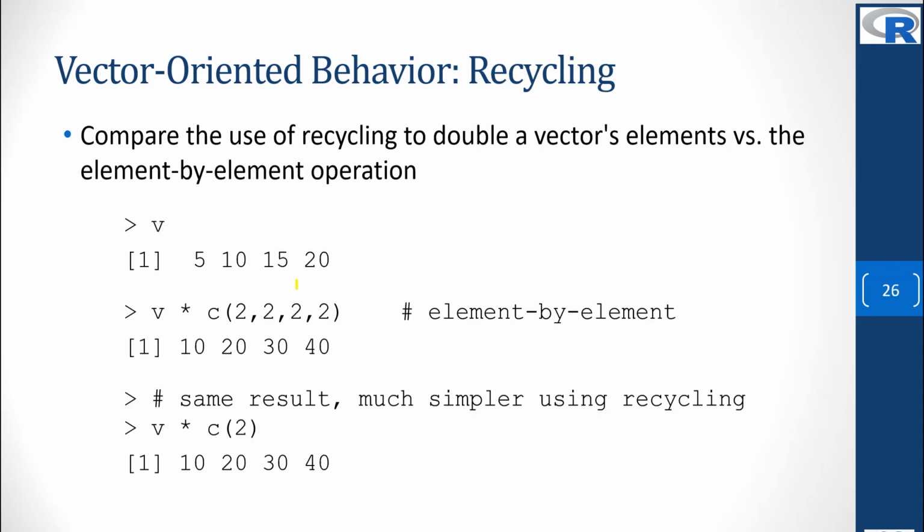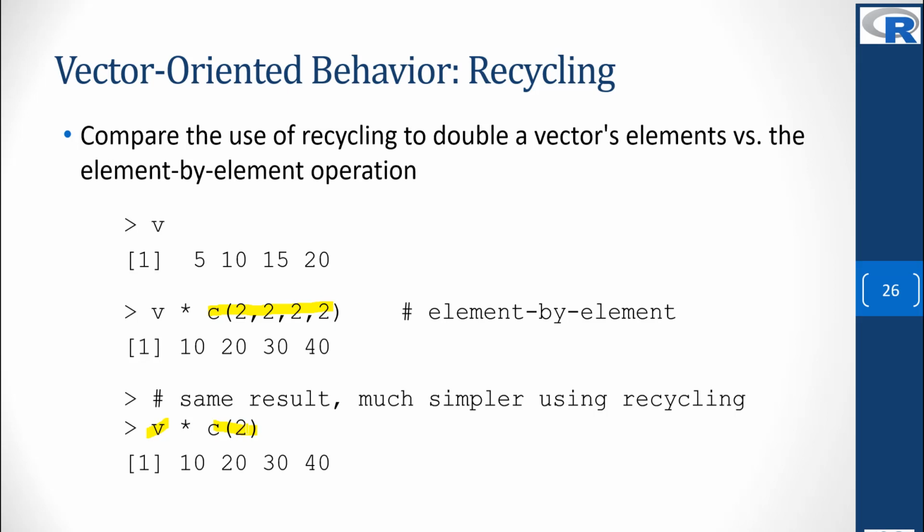So here's where I said that doing the explicit multiplication element by element is more work than we need to do, because R is smart enough to say you've got 4 elements in this vector V, multiply by 2. In other words, double each element. We don't have to specify every element here.